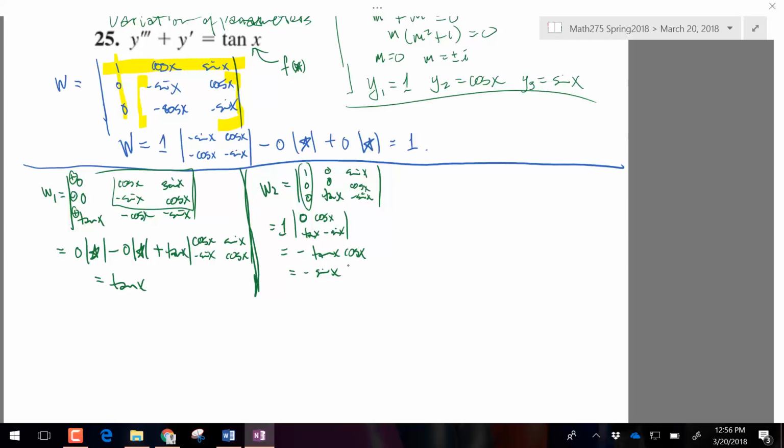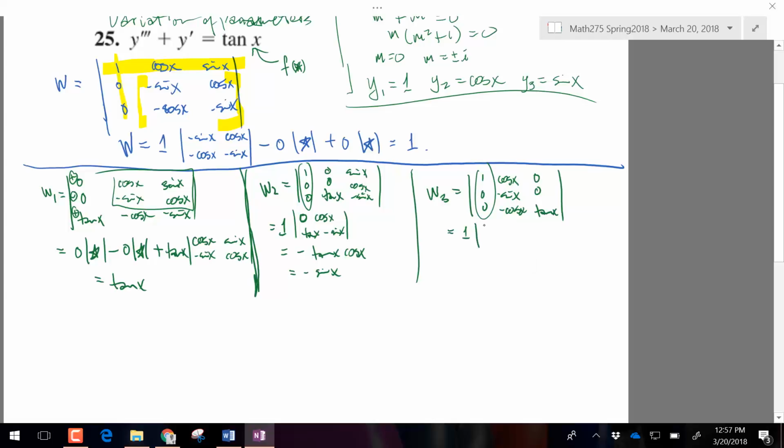Okay. So that's 2 down, 1 to go. Our W3 is 1, 0, 0, cosine x, minus sine x, minus cosine x, and then it's your third column that needs to change. And again, I'll expand on the first column.